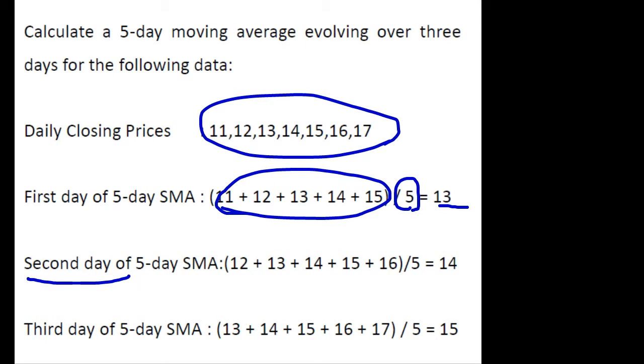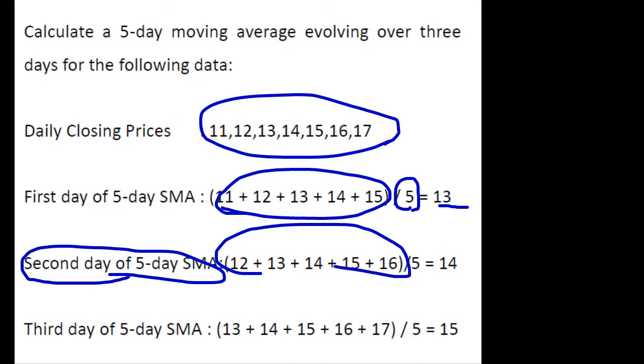For the second day of the 5-day simple moving average, you add up another 5 numbers, and the first number 12 would also be the second number of this set of numbers. Because you are calculating the second day, you need to start from the second number of this set, add up another 4 numbers and divide by 5.